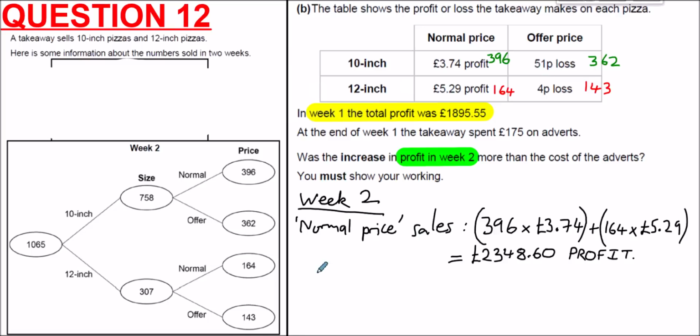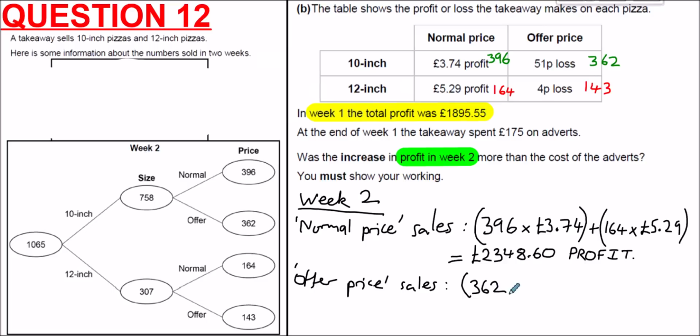Now the offer price, they're going to lose a tiny bit of money on the offer price. So let's calculate what happens when they sell these pizzas at the offer price. So looking at the 10-inch, 362 were sold at the offer price. Each time that'll be a 51 pence loss.